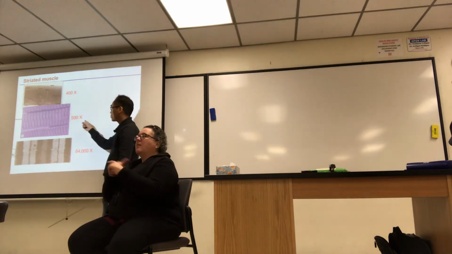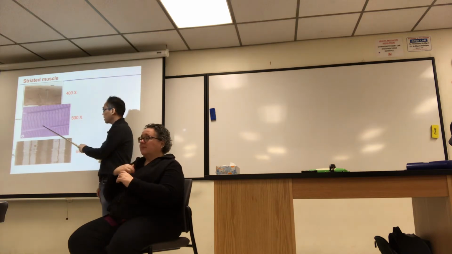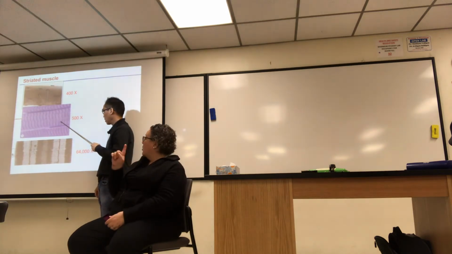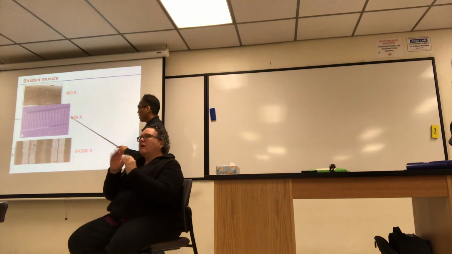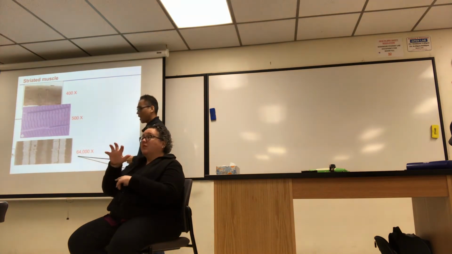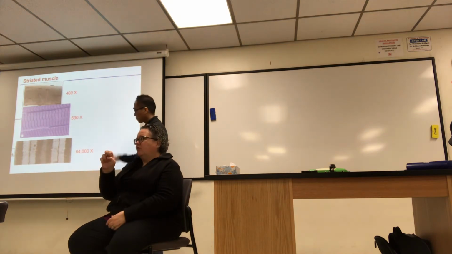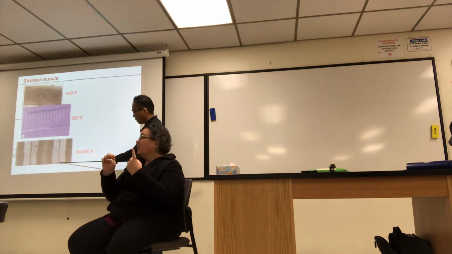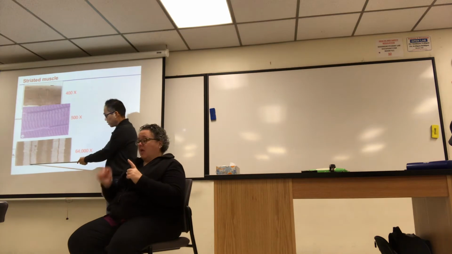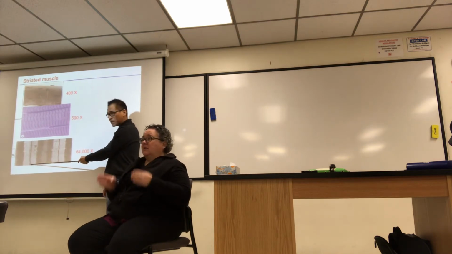When you get to 500x, you start to see more detail of the banding. Obviously, you jump from 500 to 64,000x. You can see the sarcomere. One sarcomere is from this line to this line, and the boundaries are called Z-disc or Z-line.